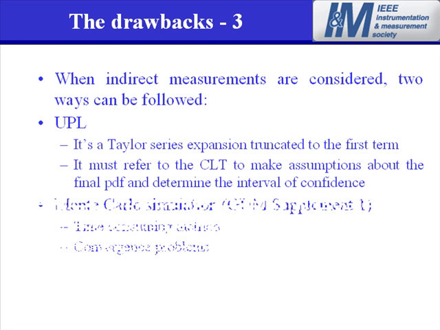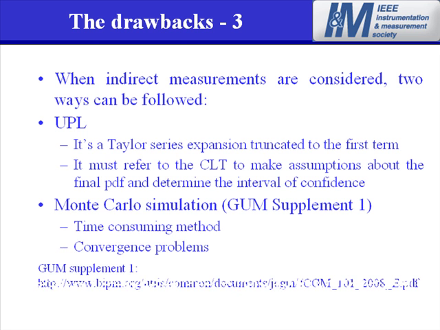And if they are not, the only way to estimate the final probability distribution is through a Monte Carlo simulation. This is suggested by the Supplement 1 of the Guide, but it's a time-consuming method, and everybody knows that it might show some convergence problems.